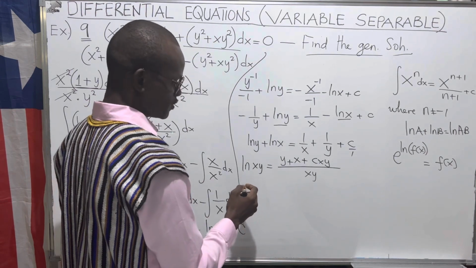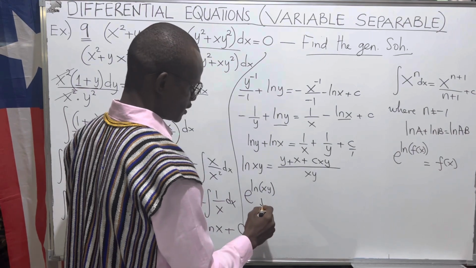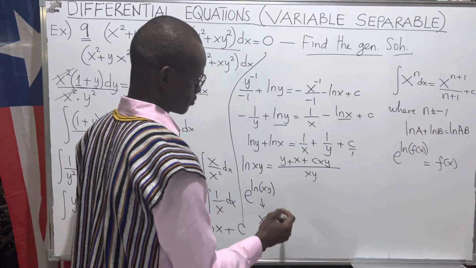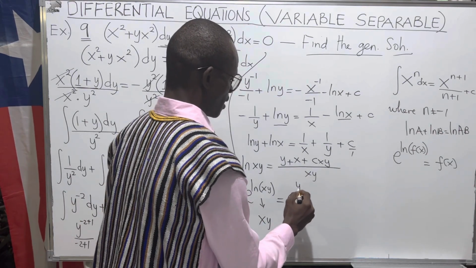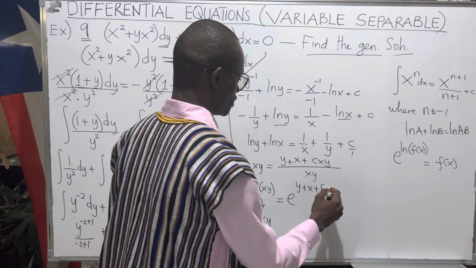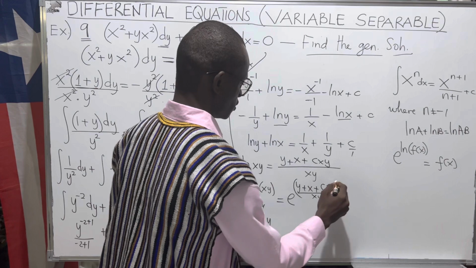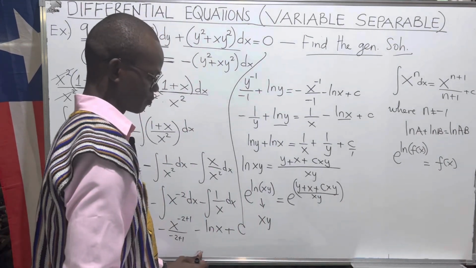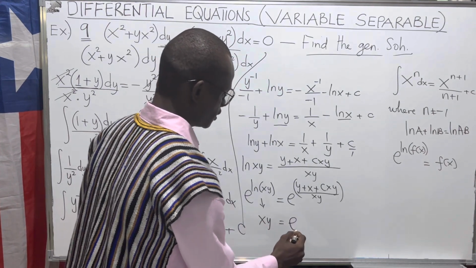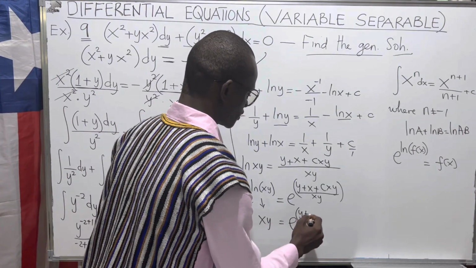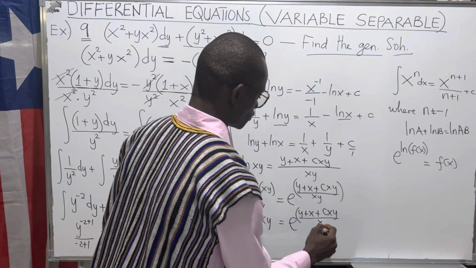So if we take e on both sides, we say e, the ln of xy, this will just lead us to xy equals, we'll take e on this side as well, y plus x plus cxy all over xy, right? So we will just have this now to be equal to e raised to the power y plus x plus cxy all over xy.